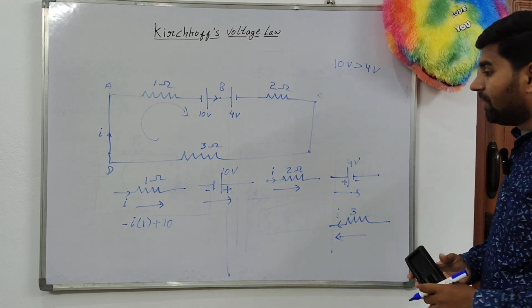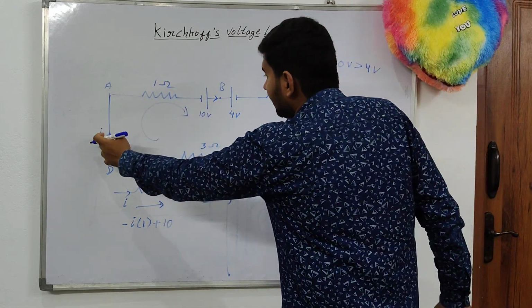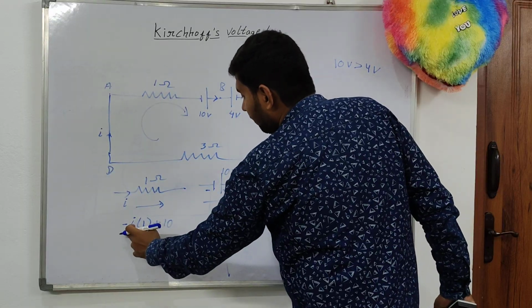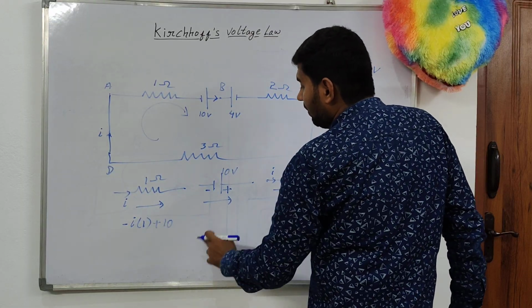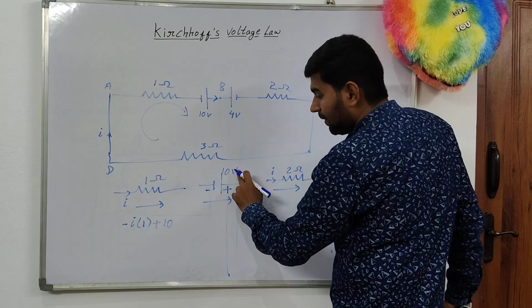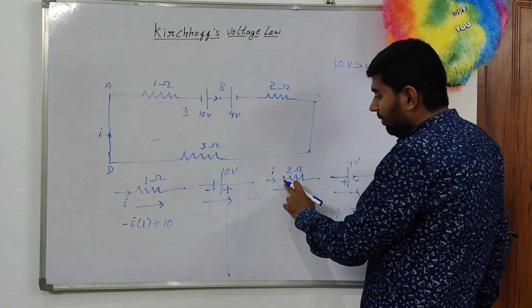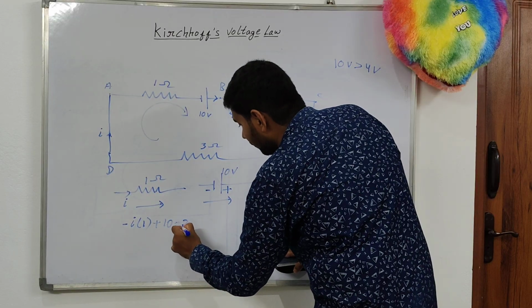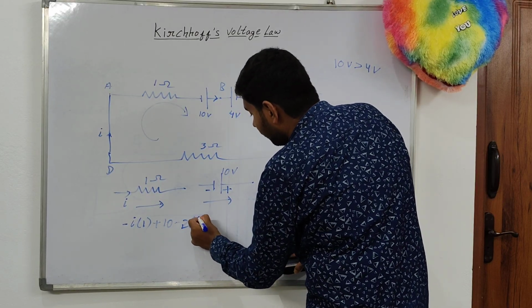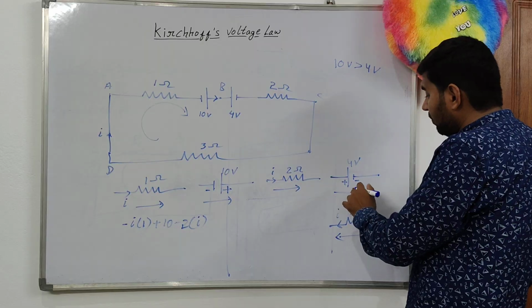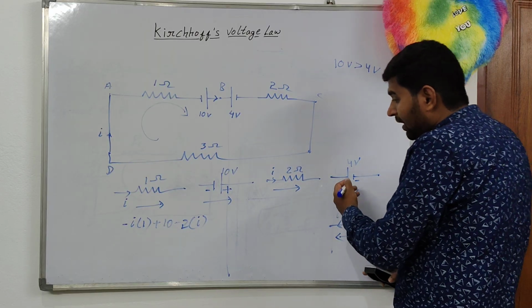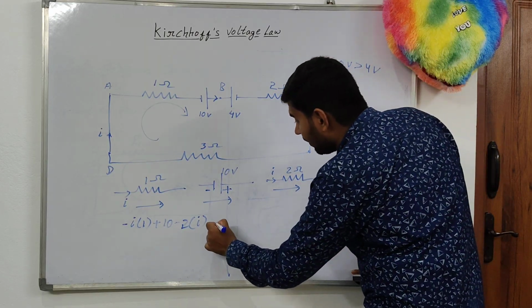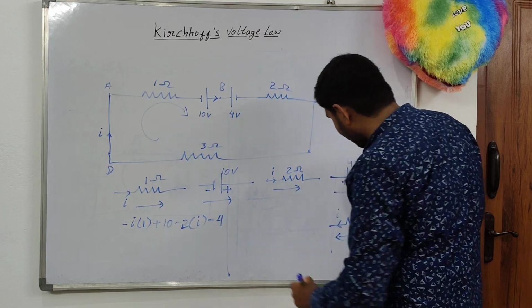How can I write the equation? 1 into I, this is IR, so minus I into 1, plus 10. Here both directions are the same, so I can write minus 2 into I. Here it is positive terminal to negative terminal, higher to lower, so it becomes minus 4.